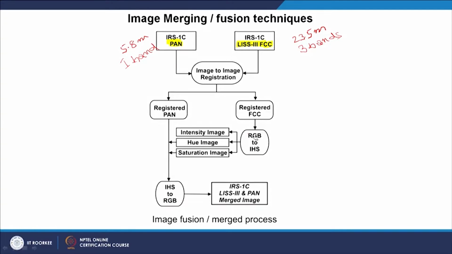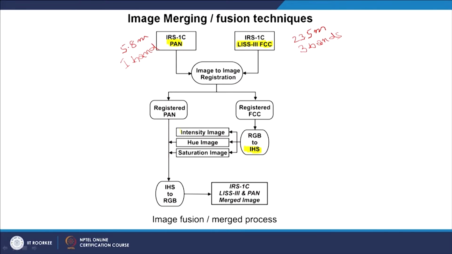So, what I will do, I will split into IHS, because that I can play in color space. Instead of projecting my image into RGB plane within color space, I can project into IHS, that is intensity, hue and saturation. So, here that image, which was a colored FCC RGB image, has been split into 3 components: intensity, hue and saturation.